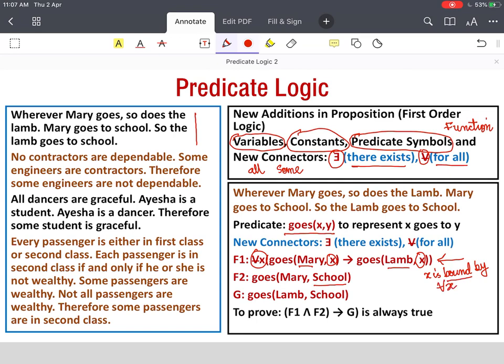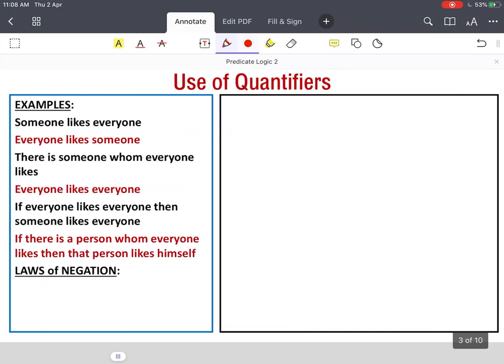In this case, x is said to be bound or quantified by this for all. The second was goes(Mary, school), and the goal was goes(lamb, school), and we wanted to prove that F1 and F2 implies G is always true in order to achieve our deduction. And we looked at all the four examples which we have done.